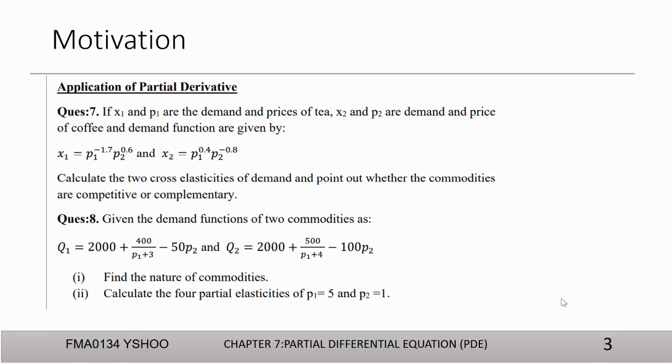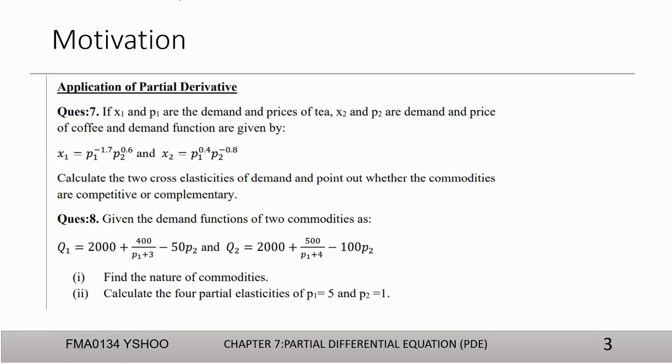Okay, so now, as usual, what is the motivation that you need? We learn our partial derivative. Basically, partial derivative means we are going to involve two different variables in one function.